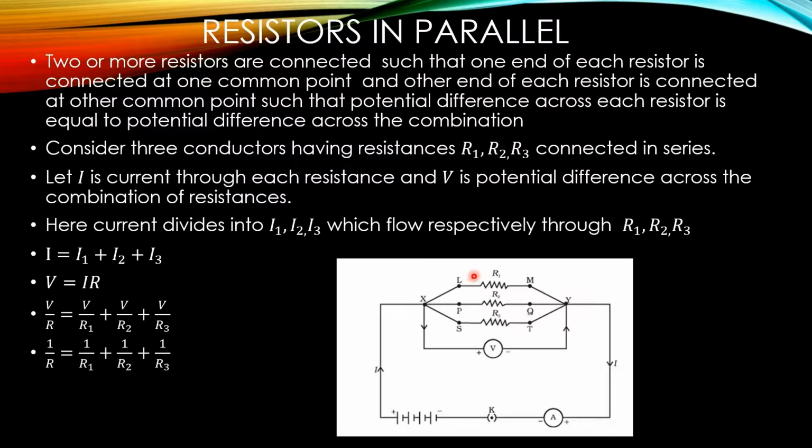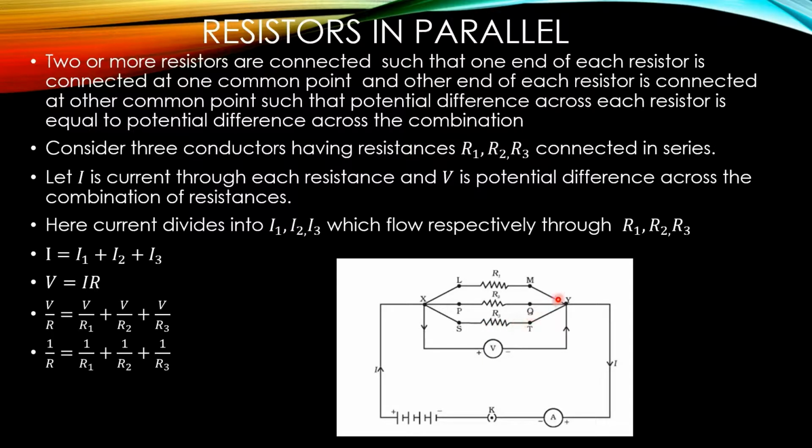I1 is the amount of current flowing through resistance R1, I2 is the current flowing through R2 and I3 is the current flowing through R3.